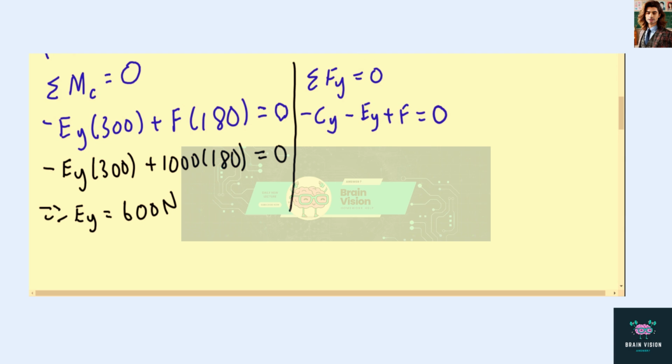And we can plug in the known values and solve for c of y. So we have negative c of y minus 600 plus 1000 is equal to 0. And solving for c of y, we'll get a value that's equal to 400 newtons.